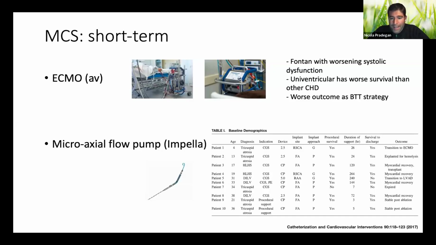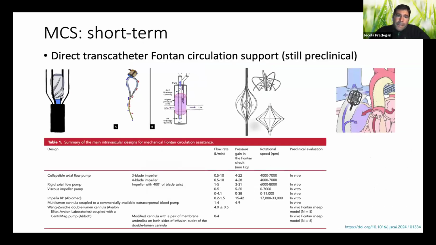But of course, again, these are just case series as the one that I'm showing you here. Of course, we would like to have a direct transcatheter Fontan circulation support, which to date does not exist in the clinical scenario. But there are a lot of preclinical prototypes which lack design problems, but probably in the near future might be a solution to rehabilitate the Fontan circulation.